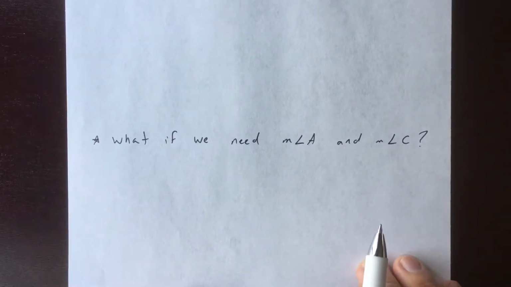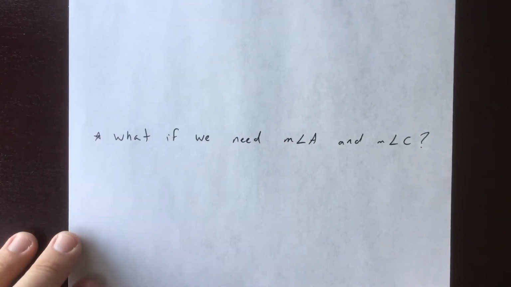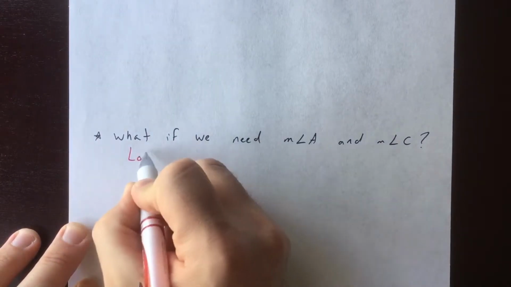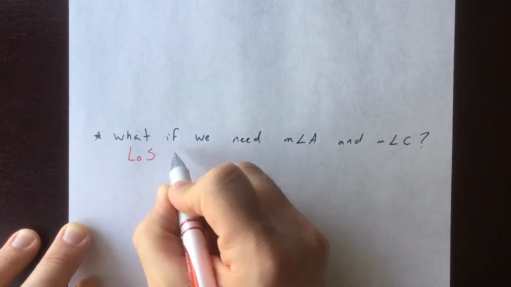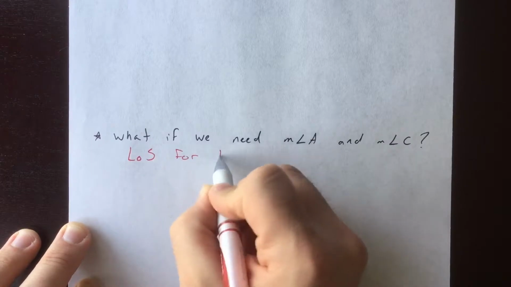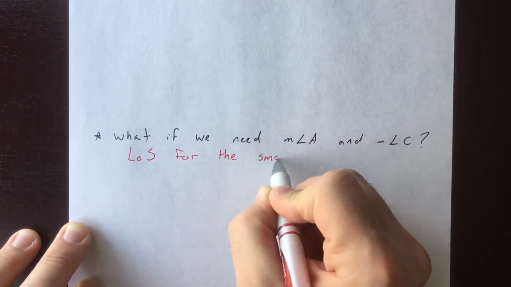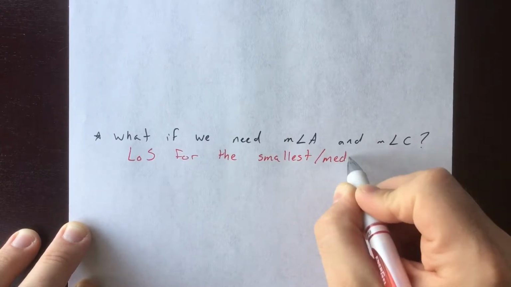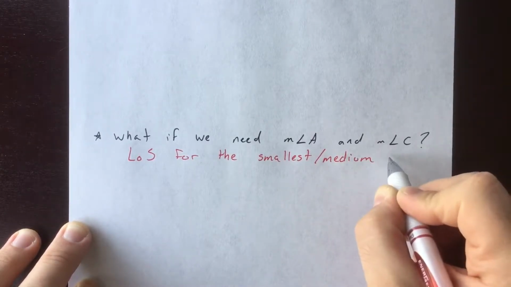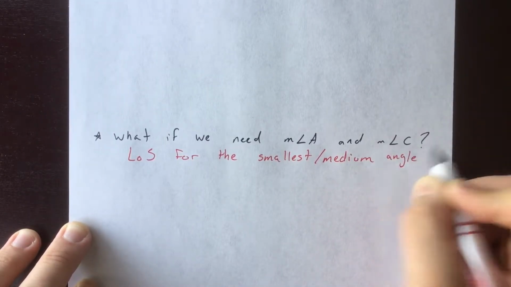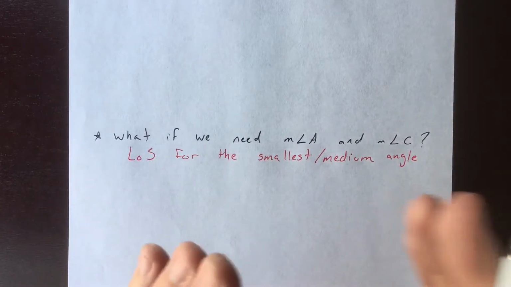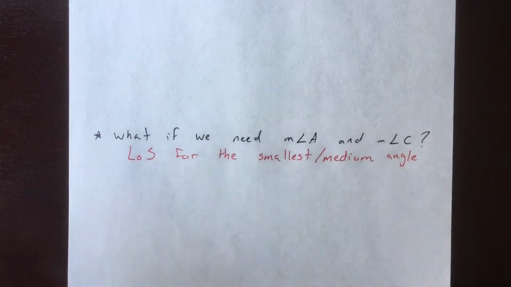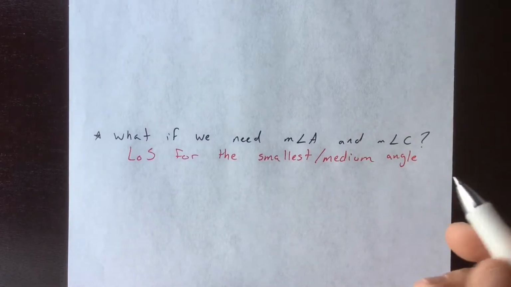The very next thing is we use the law of sine for the smallest, or I'll say the medium angle measure. Okay, so once we found the third side length, we use the law of sine for the smallest or medium angle measure.